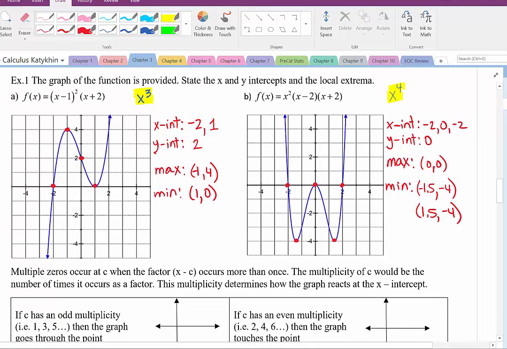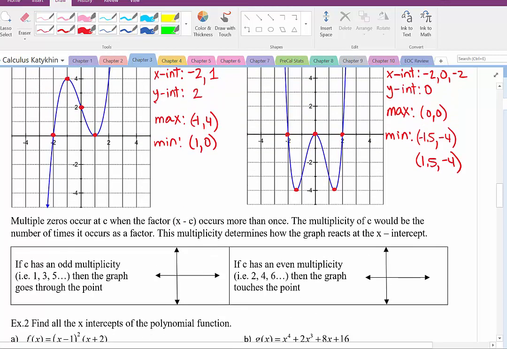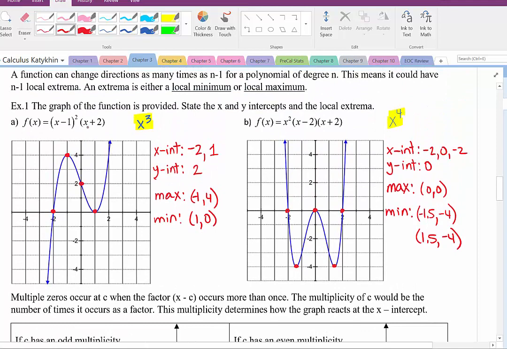Alright, let's go ahead and look at our next rule, if you want to say that, something that explains how the functions behave. It says multiple zeros occur at c, and the c variable is the one when we have something like x minus c, or x plus c. So the c is that root, if you will.